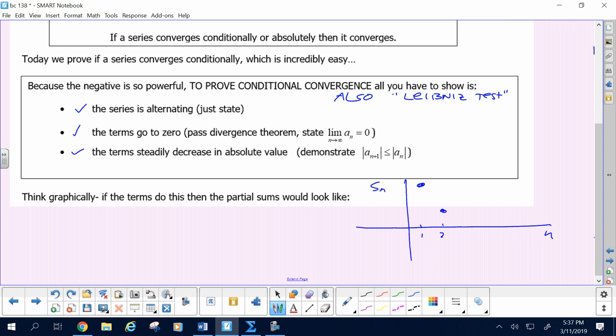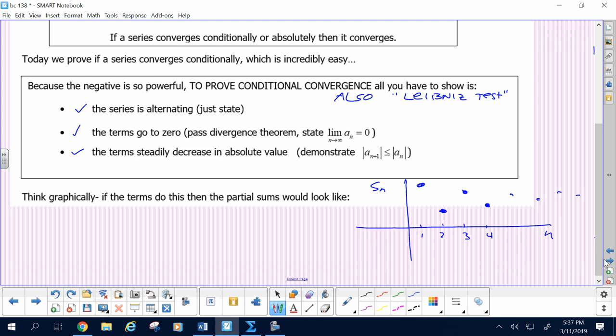That would bring the overall sum down when I sum the first two terms. Now the third term would be adding a positive, but if the terms are decreasing, then it would be less than the original distance. And then when the next negative term is added, it's a smaller distance than earlier. And so you're gradually adding less and less, and you start to head in towards the limit. All right? That's the idea of conditional convergence.